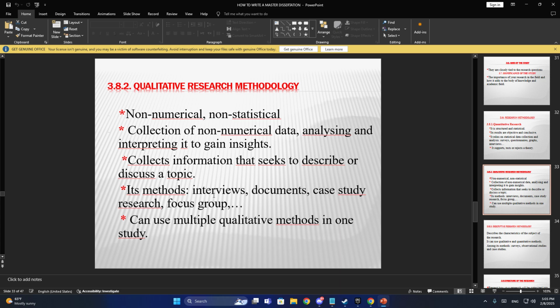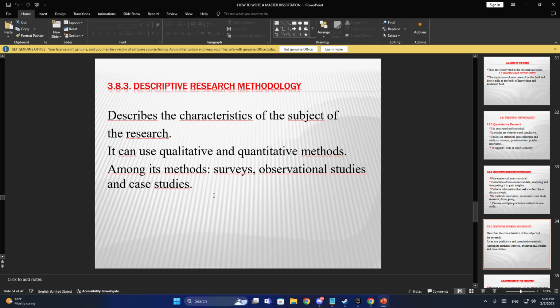We collect information that seeks to describe or discuss a topic. Its methods can be through interviews, documents, either books, magazines, journals, case study research, focus groups, etc. It can also use multiple qualitative methods in one study. It depends on the requirement of the research, of course.